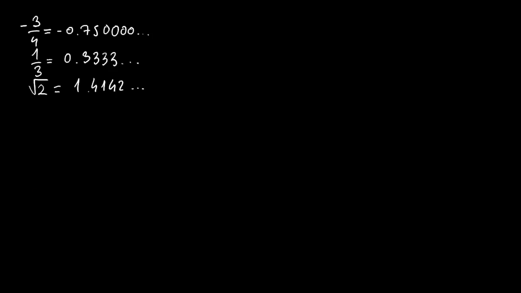Okay, the real numbers can be represented geometrically as points on a number line called a real line. So I draw a line for you to show this. Okay, so let's find 0.